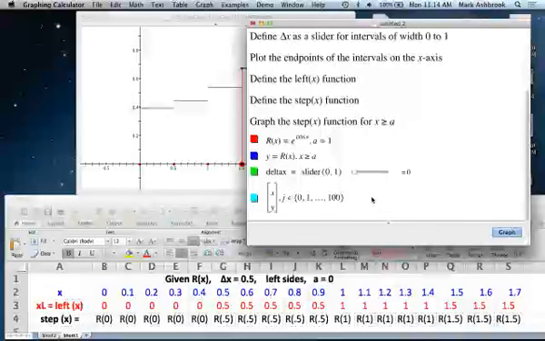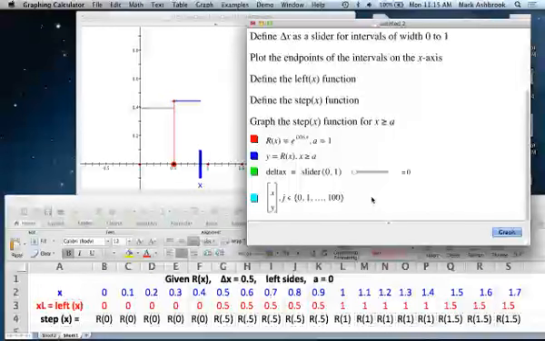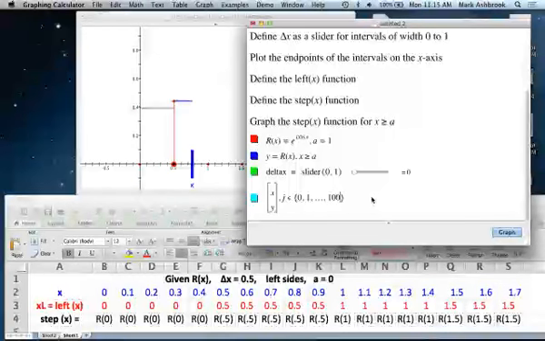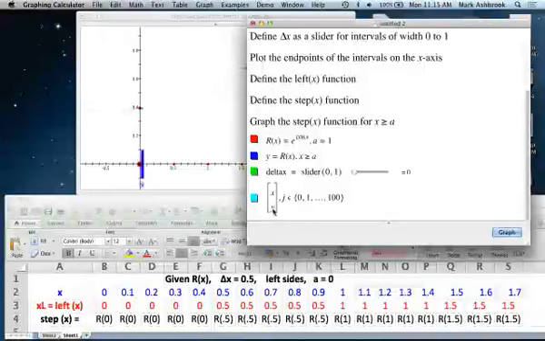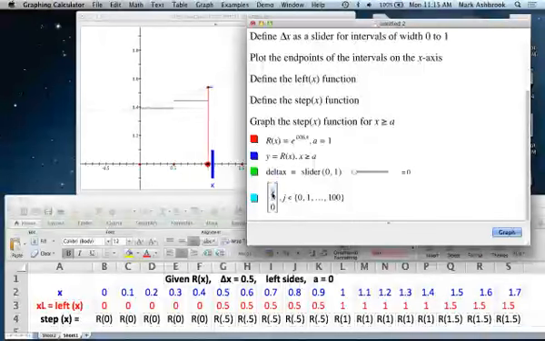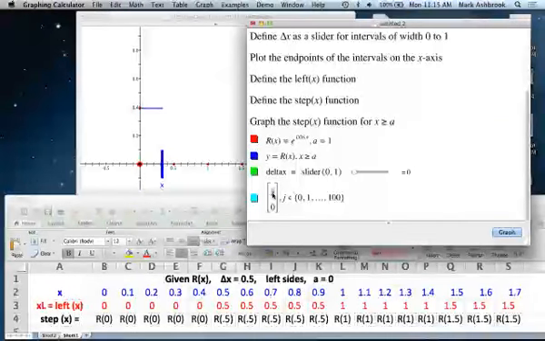If we're going to let j go from 0 to 100, how do we get those points on the x-axis, like those red points I've got on the x-axis? What's the y value first of all? Okay, good. Got half of it done. So 0. What are the x values starting at a with an interval width of delta x? How do we get those x values?